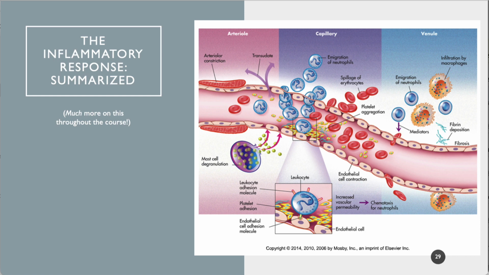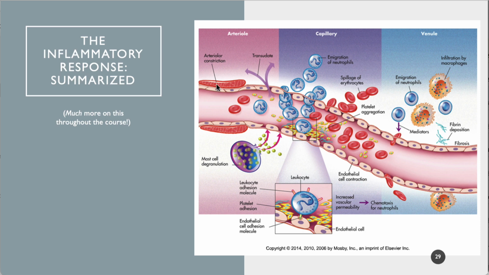If you can't learn anything about inflammation except this slide, I'm fine with that. Know that this slide is sort of an overview of everything. It tells what happens at the arteriolar level, at the capillary level, and at the venule level with the inflammatory process.